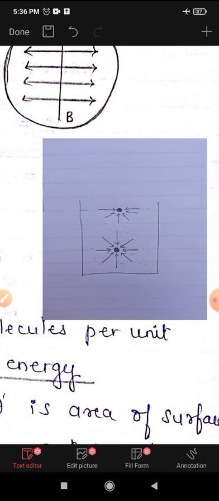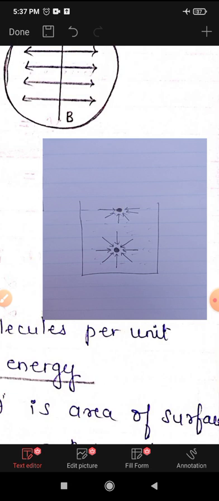We are considering a liquid molecule inside the liquid and another at the surface of the liquid. These both have different forces acting on them, because the molecule inside the liquid will have forces from the surrounding liquid molecules.